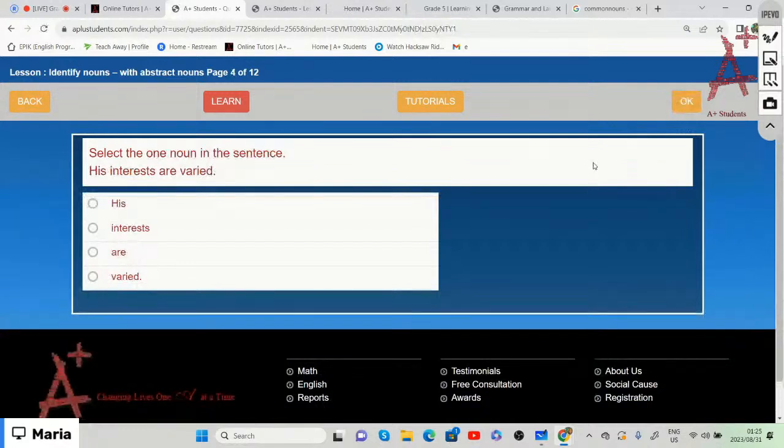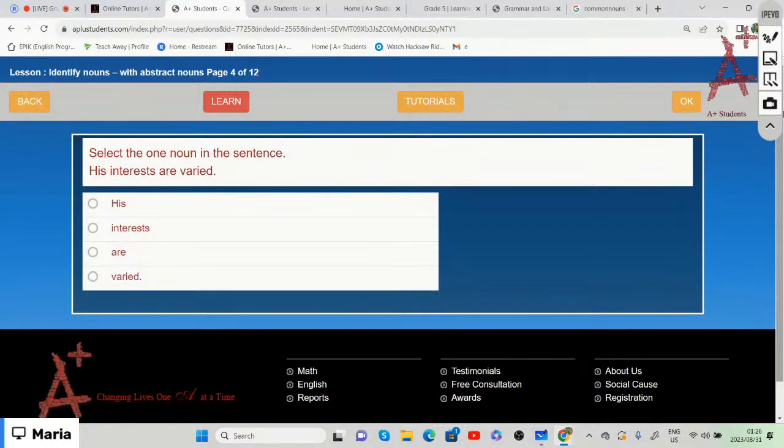His interests are varied. We need to select one noun that is an abstract noun within the sentence. Is it his? Is it interests?